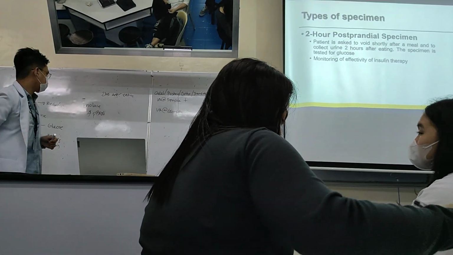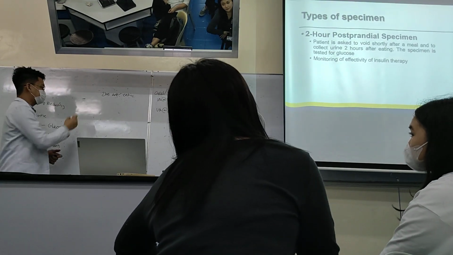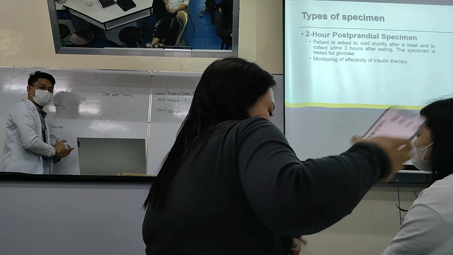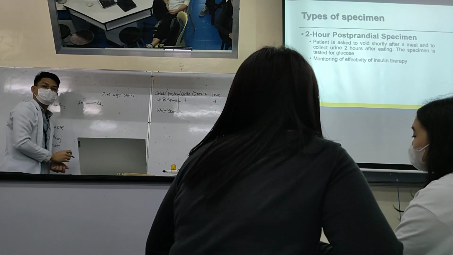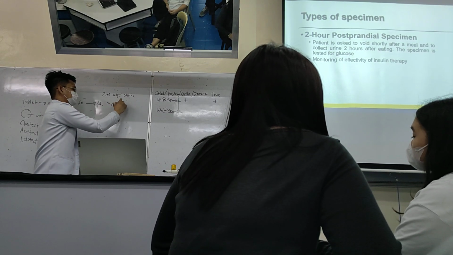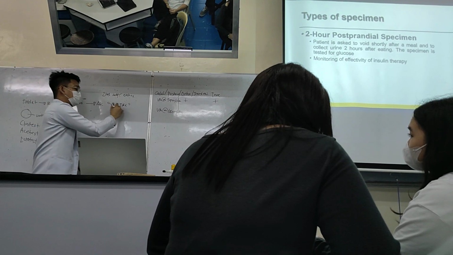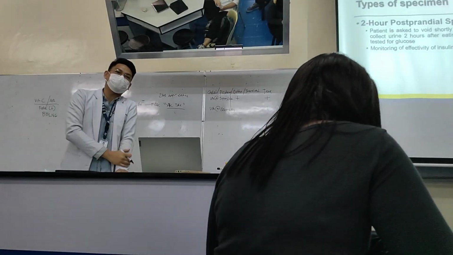Okay? Sige, what's the normal pH ng urine? Acidic, alkaline? Acidic ha? Pero do you know, class, that 2 hours after eating, maging alkaline ang urine. Ito yung tinatawag na alkaline tide. That's a time class that our intestine, our stomach class is actively digesting the food.